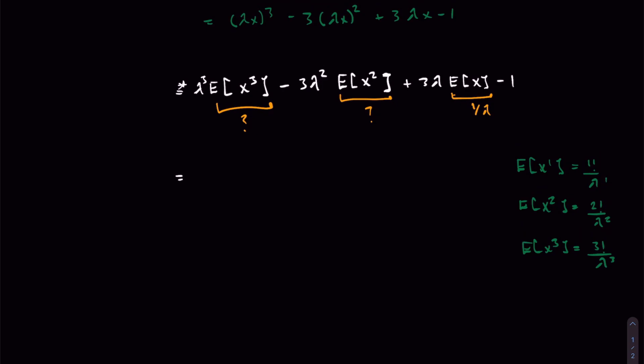Okay, so let me start by doing that. We have now lambda cubed times 6, because we have factorial 3, divided by lambda cubed, minus 3 lambda squared times factorial 2, that's 2 over lambda squared, and then we have 3 lambda times 1 over lambda.